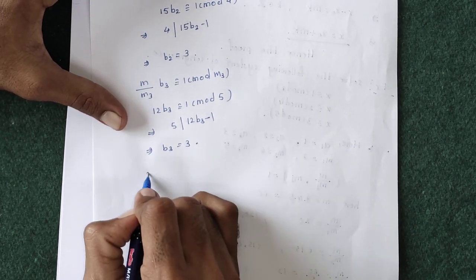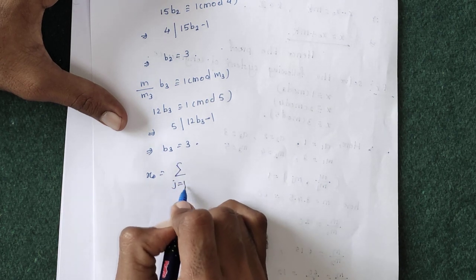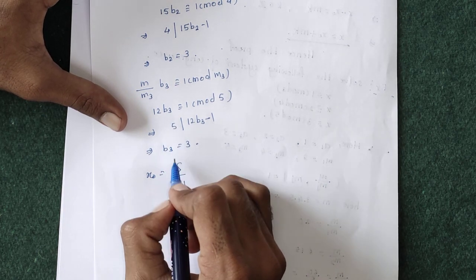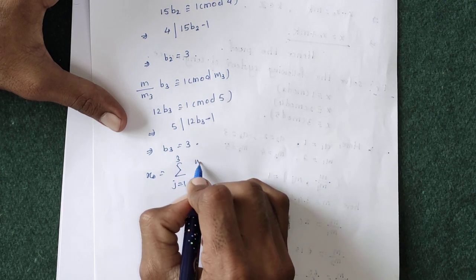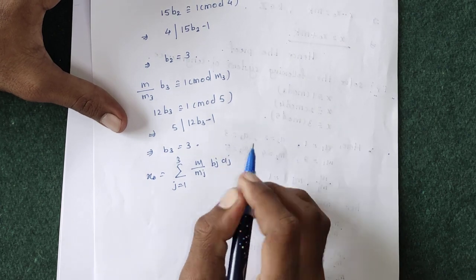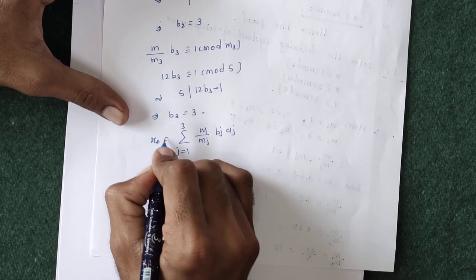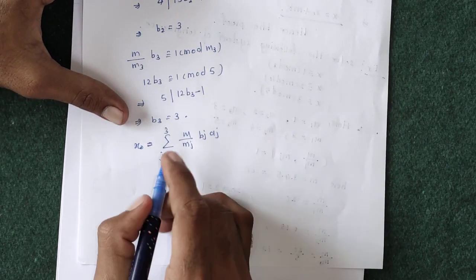Now we have x naught equal to the summation of j running from 1 to 3 of m by mj times bj times aj. This is the solution x naught. We have found these values b1, b2, b3, so we put the values here.